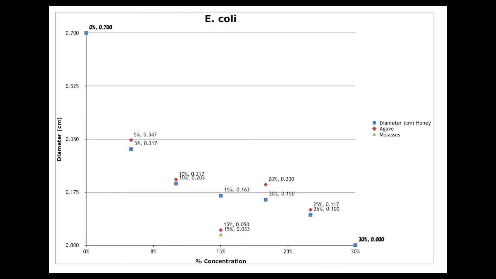Next, we have E. coli. The minimum inhibition concentration was 30% in honey and 30% in agave. Honey showed to be the most inhibitive with E. coli. As we can see from the graph, the 15% concentration is an outlier.